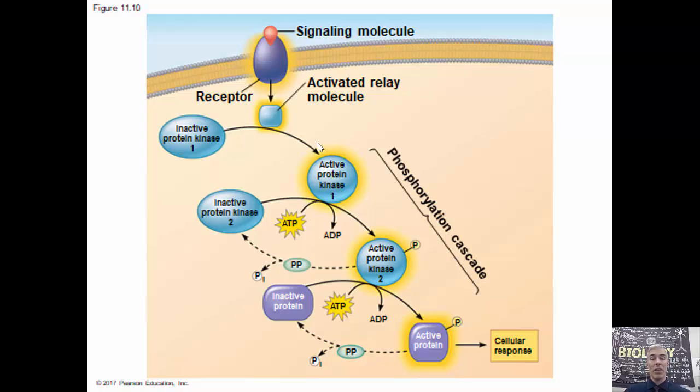Protein kinase 1 gets activated by a conformational change associated with this active relay molecule here. Now what this kinase does, it removes a phosphate group off of ATP and phosphorylates this kinase, which then is going to go and phosphorylate this inactive protein, making it active, and then that protein is going to do a response now that it's active.